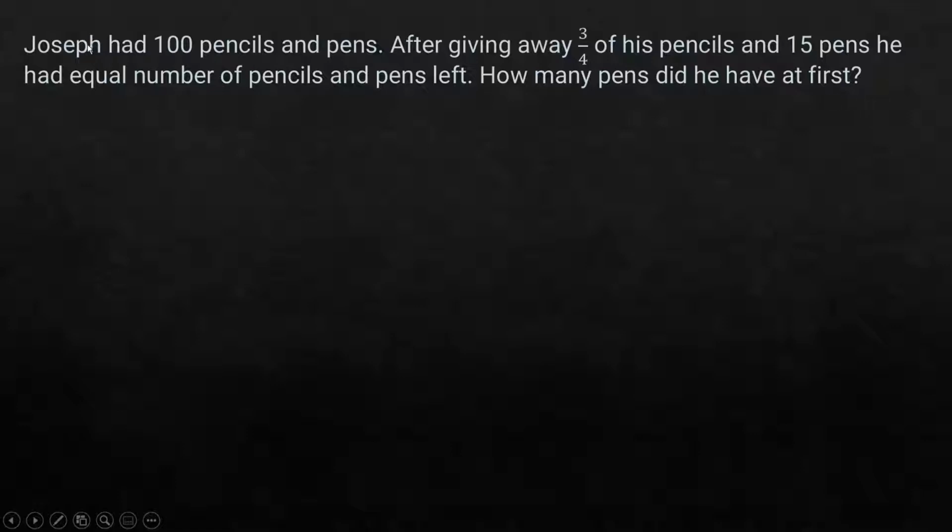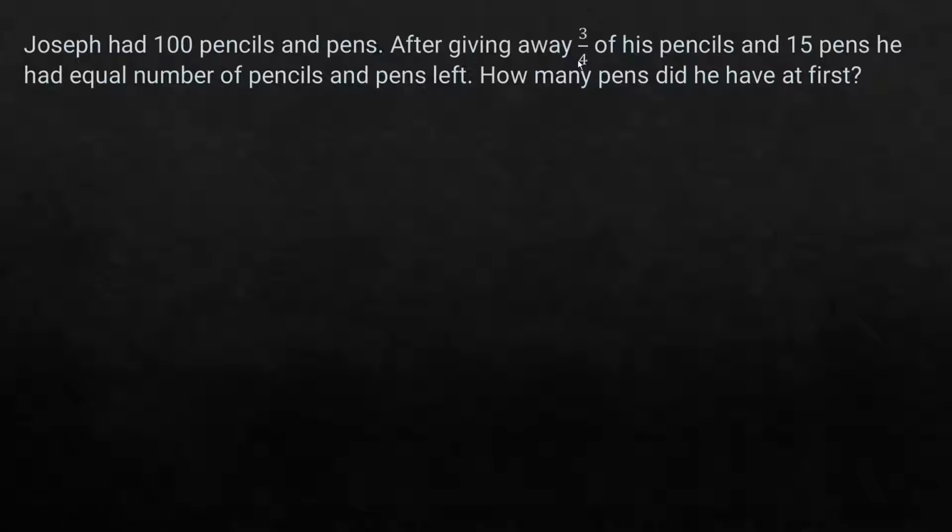So one thing we know is that both pencils and pens together, the quantity is 100. And then he gave away 3/4 of his pencils, right? So what does that mean? He took his pencils, divided them into 4 equal parts.